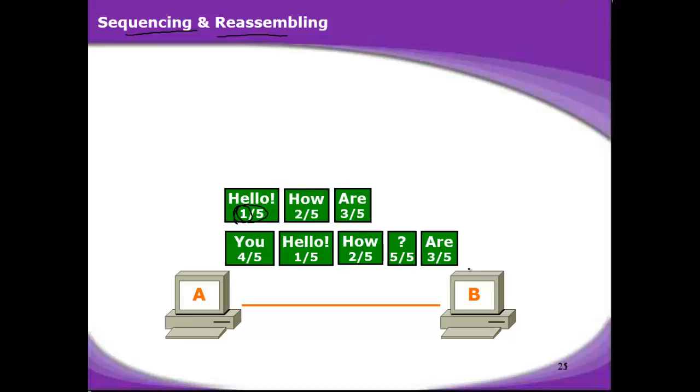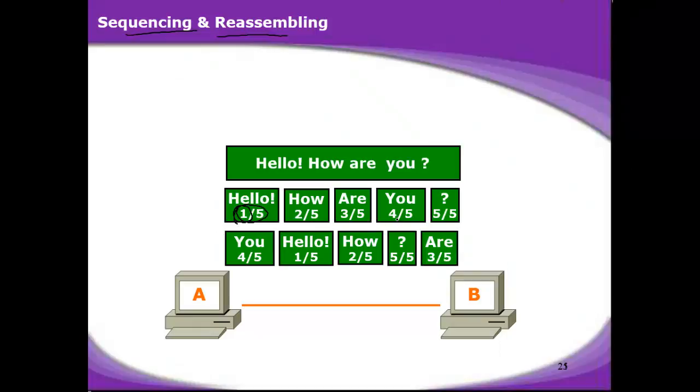So it received the segments first 4 by 5, 1 by 5, you, hello, how, are. That doesn't make any sense, but after reassembling by the transport layer, it makes sense: hello, how are you? And this data is given to the upper layer, that is the application layer of the TCP/IP model.